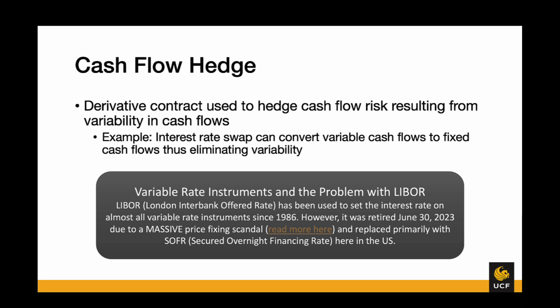Before we get too far, though, we do need to talk about how these variable rates are set. So in the past, all of these variable rate instruments were set based on something called LIBOR, which is the London Interbank Offered Rate. And so LIBOR is an index.